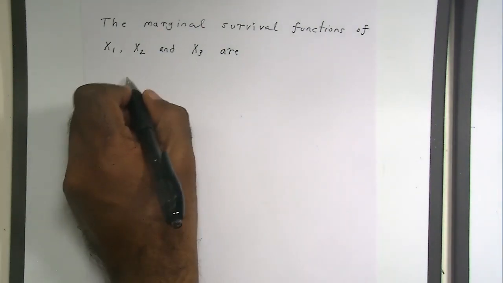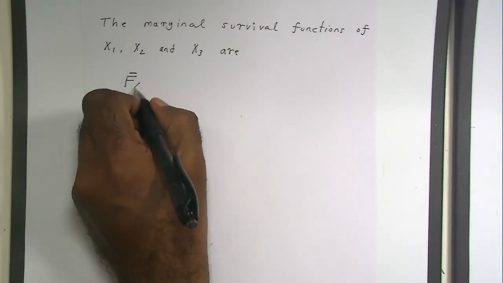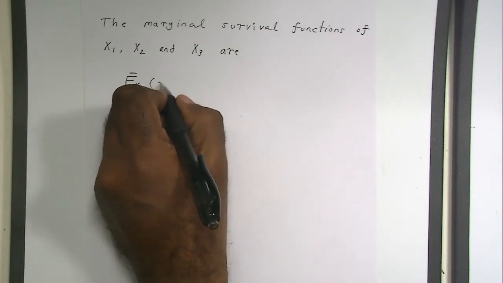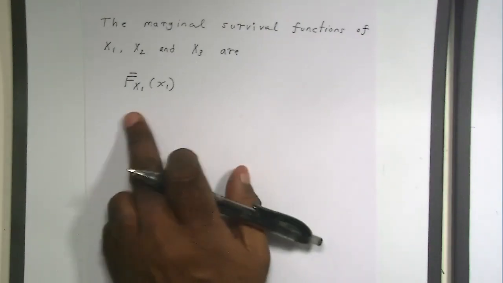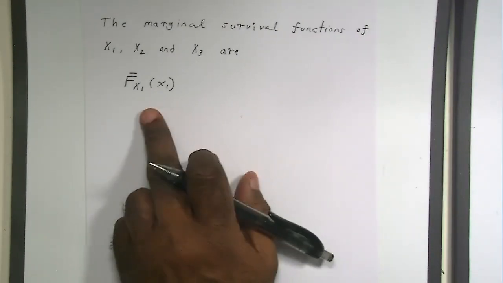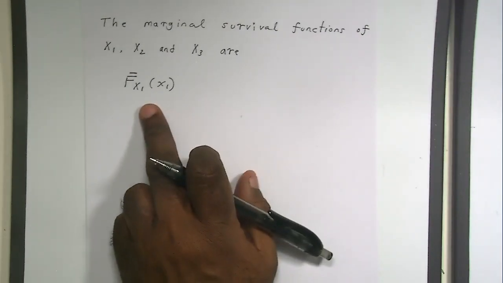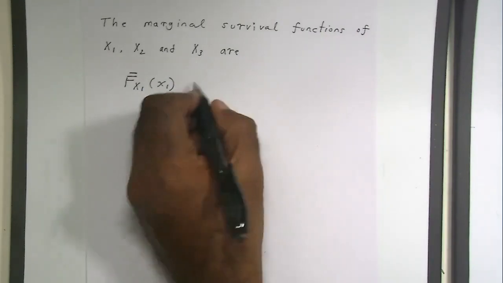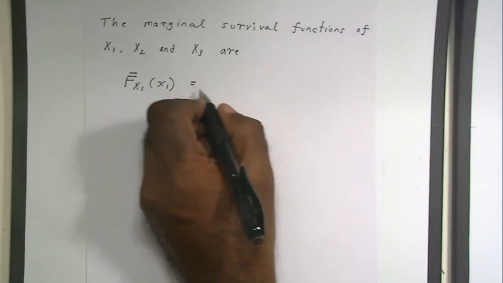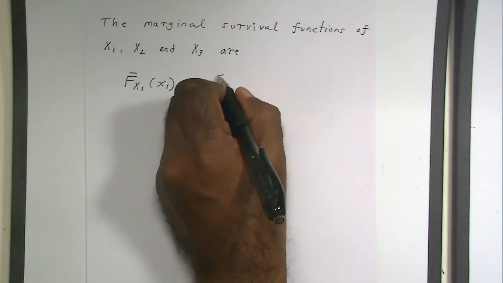The marginal survival function of F bar of x1 always means the probability that capital X1 is greater than little x1. That's by definition. This is the same as F bar.